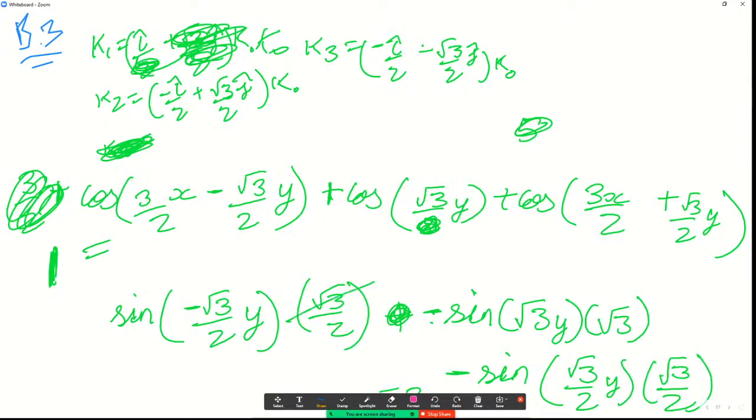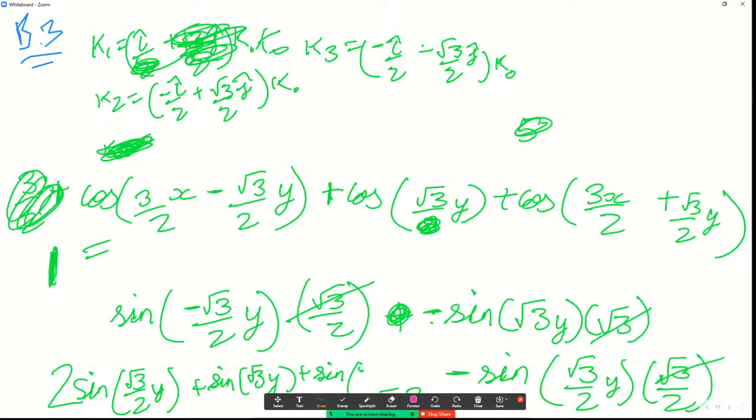So we can cancel out root 3, and we get sine of root 3 by 2y plus sine of root 3y, this can be 2 times, equals 0.